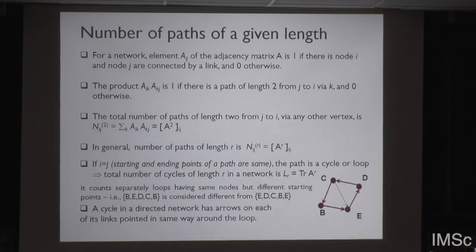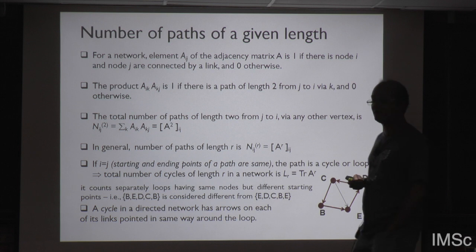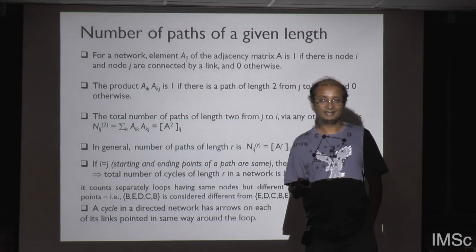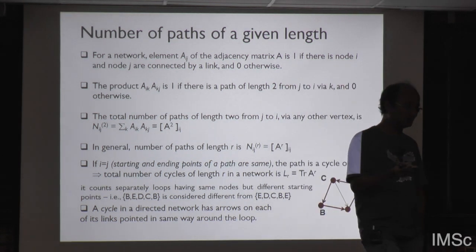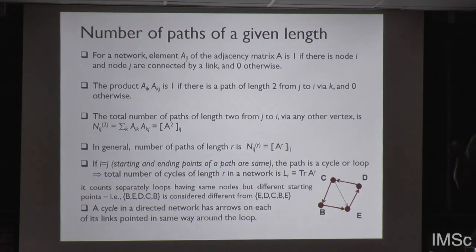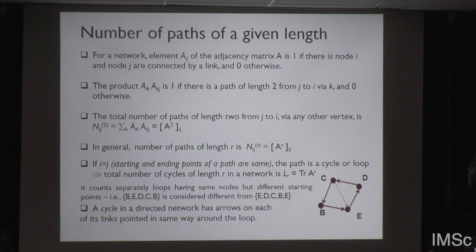Now you would say that, okay, that's very useful, but suppose a path doesn't exist from I to J. I'd like to know whether a path of a higher length exists from I to J. So Aij equal to 0, but I want to know, is there a path of length 2? So is there an intermediate node, some K, which I can go through and then eventually get to J?